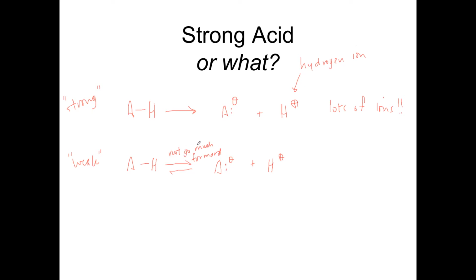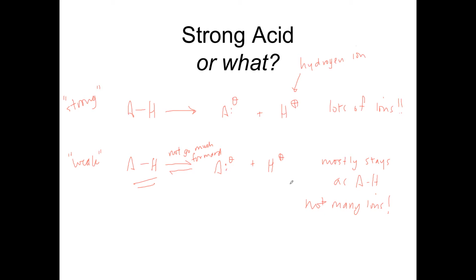This does not go much forward. In other words, most of the stuff mostly stays as HA because it's a weak acid. It doesn't donate the protons well. Not many ions. So if you don't have a lot of ions, you're not going to conduct electricity well.